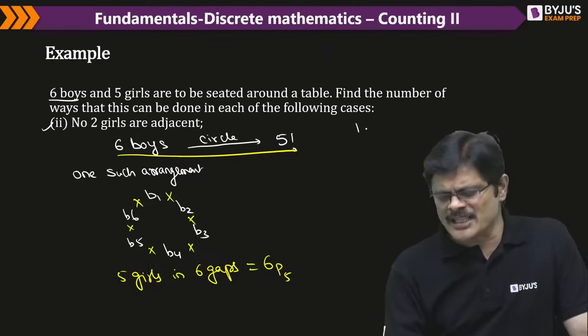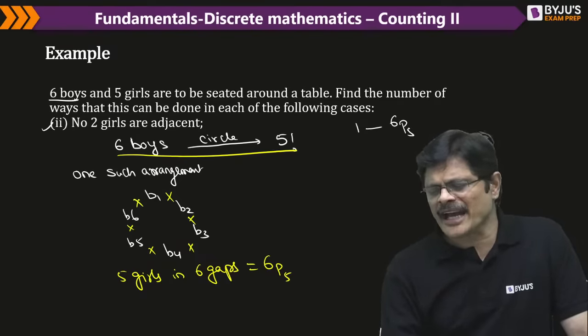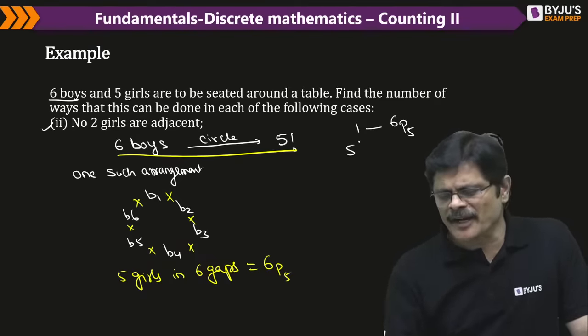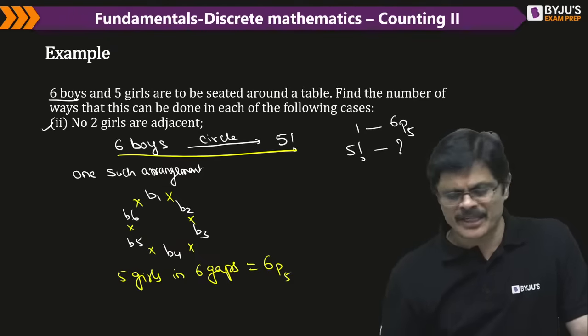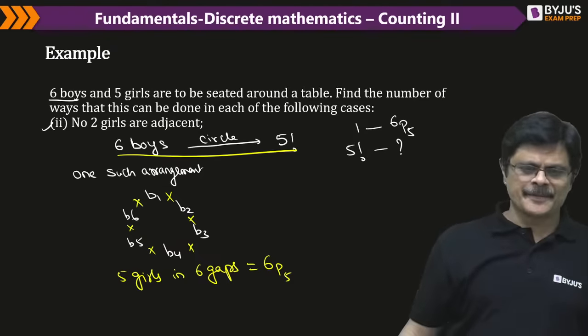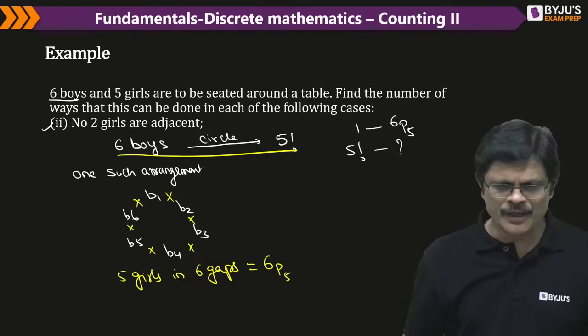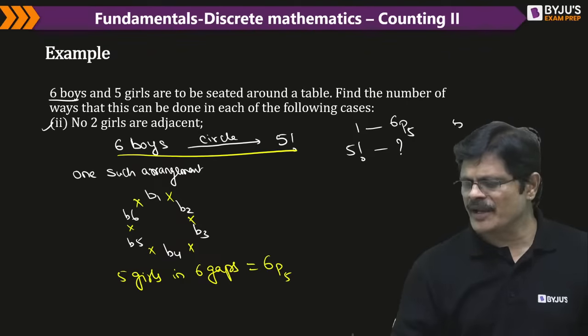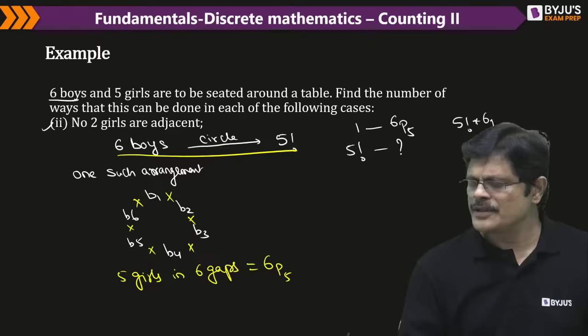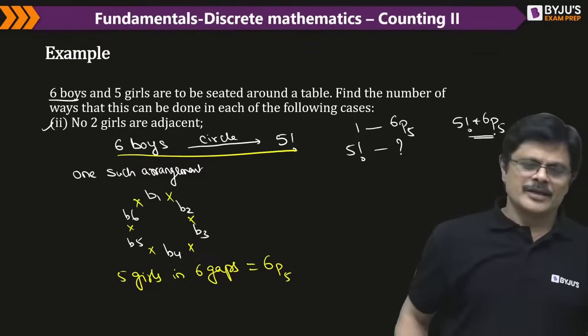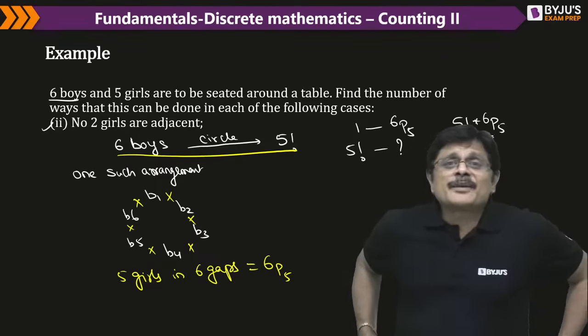So for one arrangement, there are 6P5 arrangements. Then for 5 factorial, how many arrangements would there be? The answer would be 5 factorial into 6P5. So that is the required answer, my dear friends.